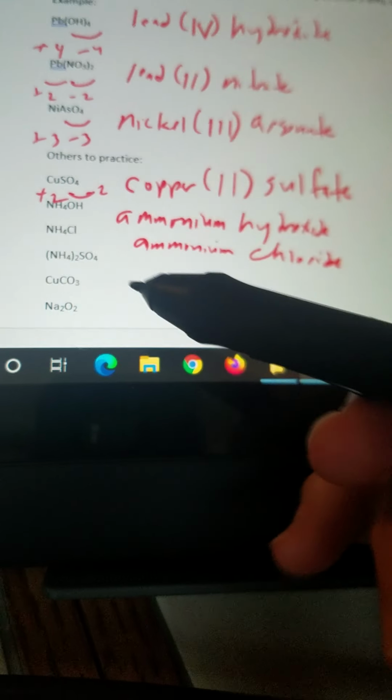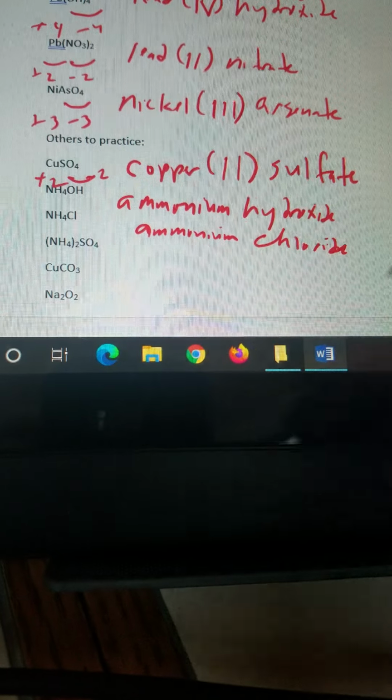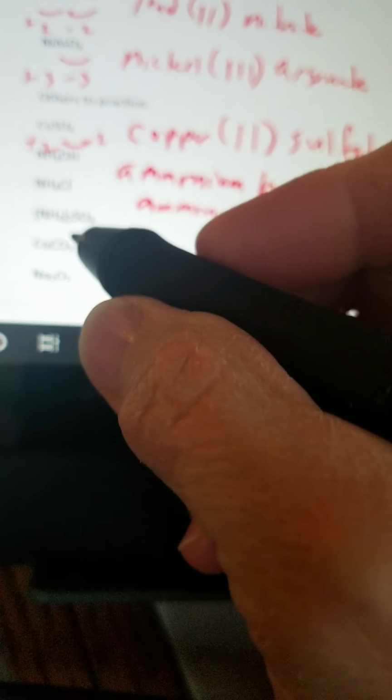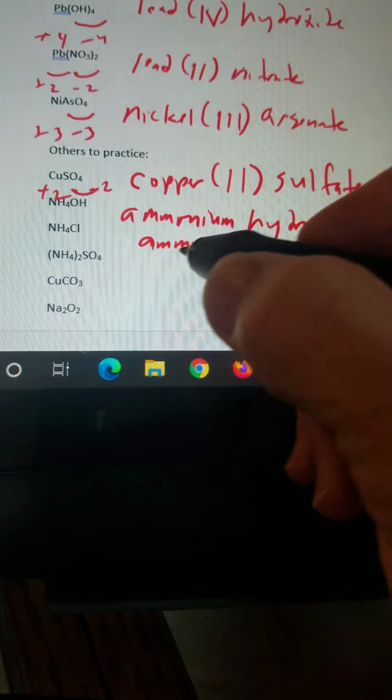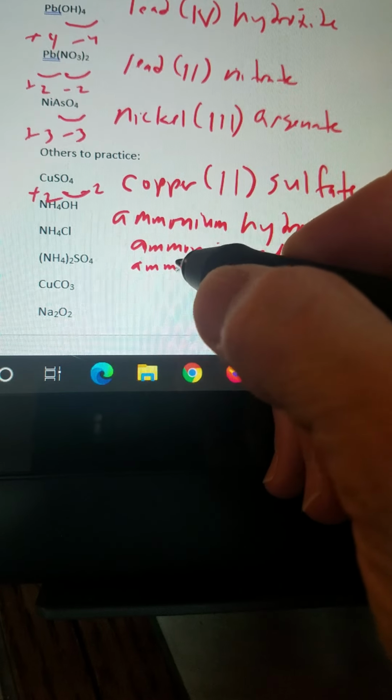Our next one has two polyatomic ions, so again, you simply write both polyatomic ions. So you've got your ammonium for your NH4, your SO4 is sulfate, so this will be ammonium sulfate.